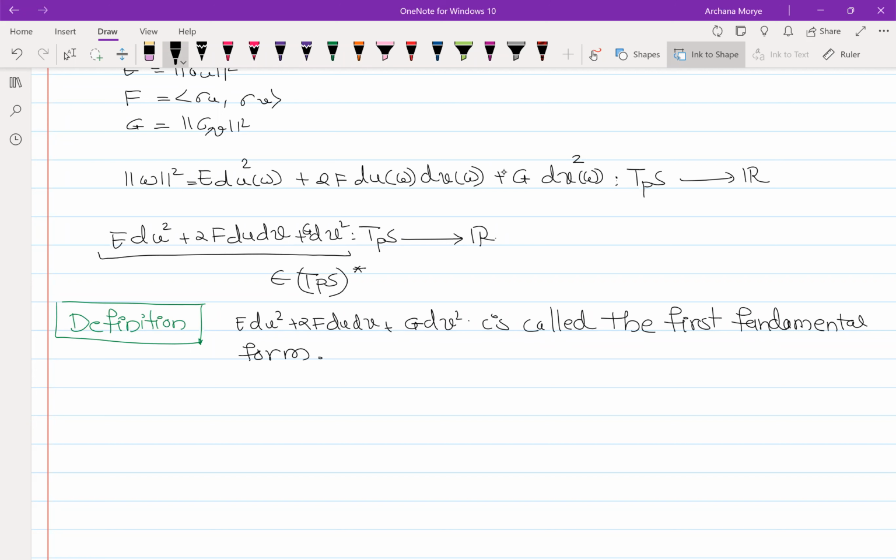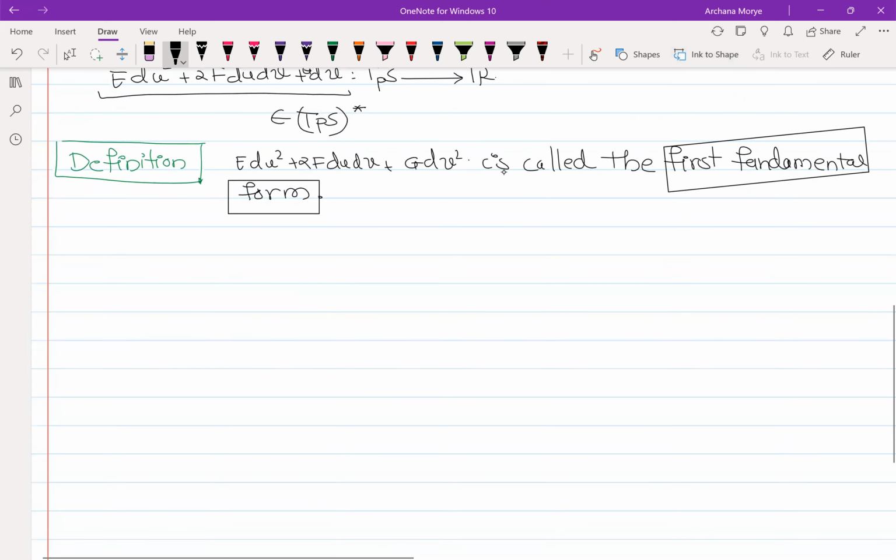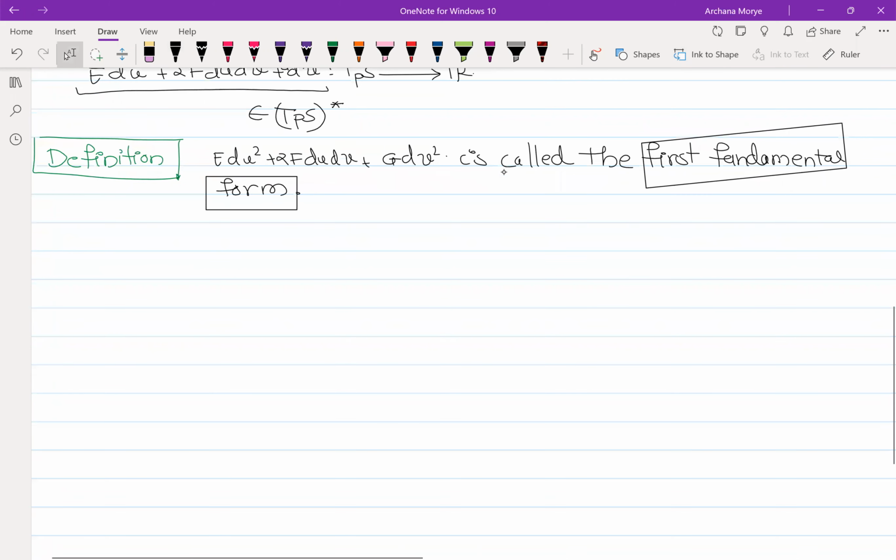It's called the first fundamental form with respect to the surface patch.